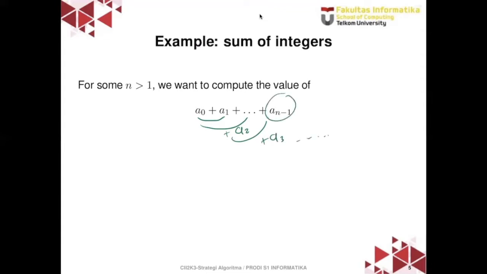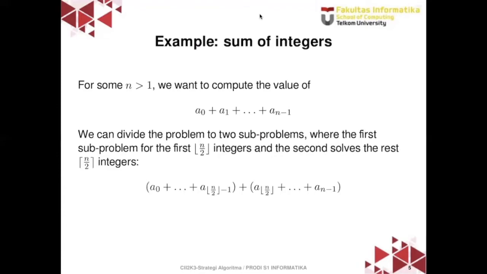But for divide and conquer, we can divide it by 2 so that we have the first subproblem and then the second subproblem. We can actually still divide each subproblem into some subproblems as well.